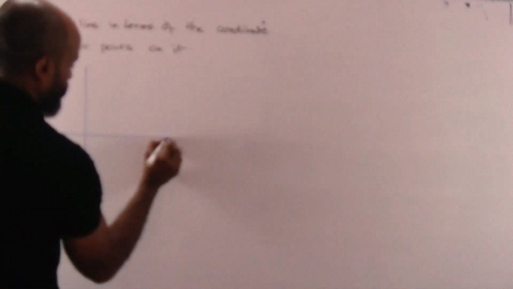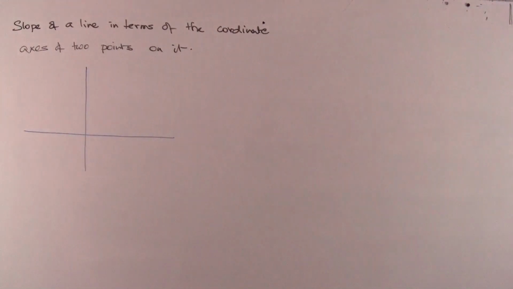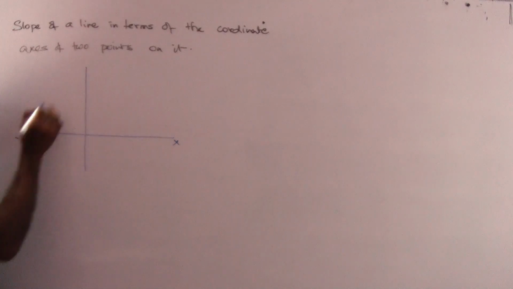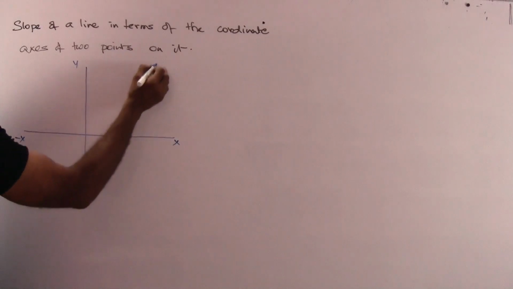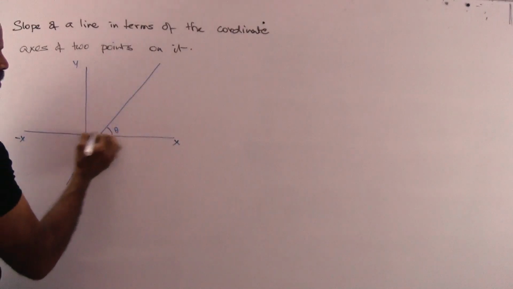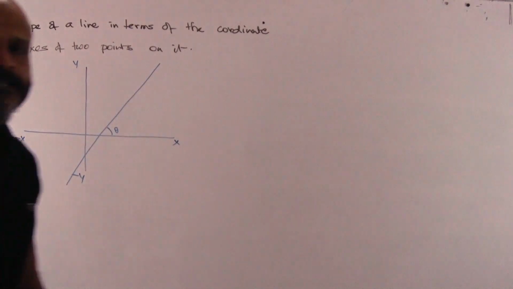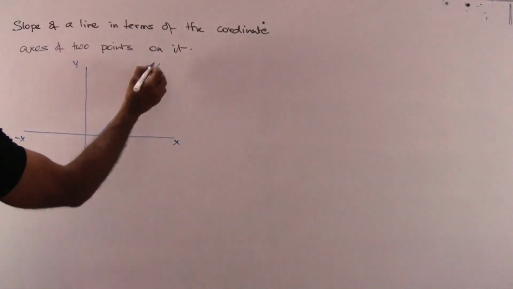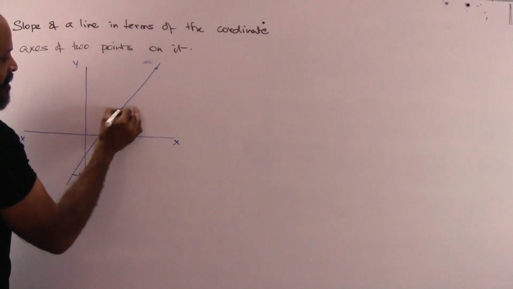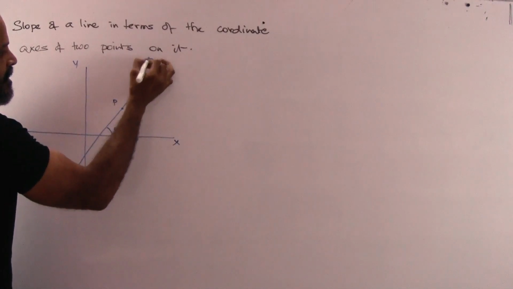a line, and let's say these are the axes, basically x, minus x, y and minus y, and let's say this is a line which is making an angle of theta. This angle is theta, and we take any two points on it. So let's say we take a point P here, and we take a point Q here.